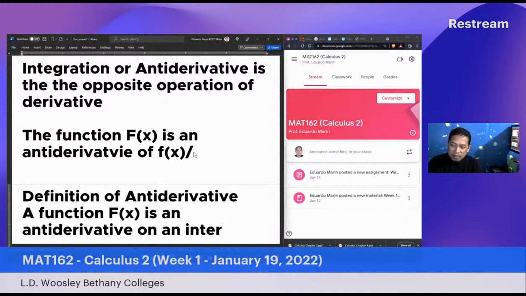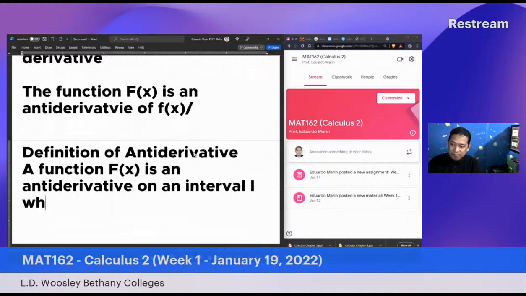So we have an interval here, specific values or interval I, and F prime of x is equal to f of x.